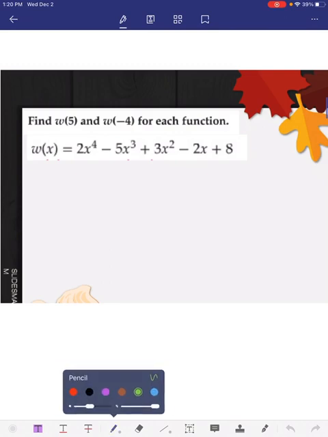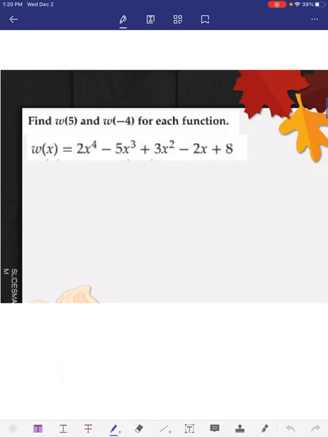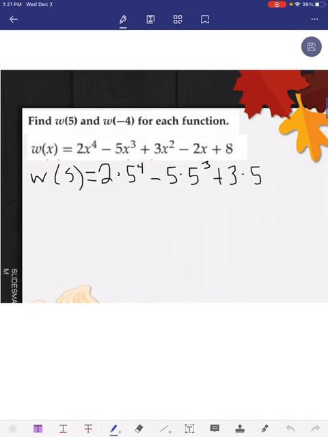So remember that when we're finding or evaluating a function at a specific number, we're just going to replace all of my x's with the number that we are replacing it with. So in this case, it's 5. I'm going to replace anywhere that I have an x with a 5.